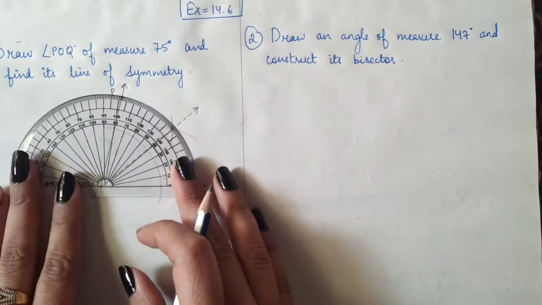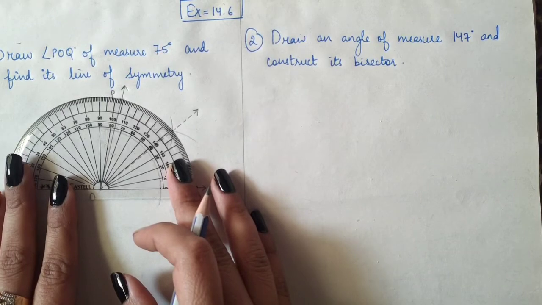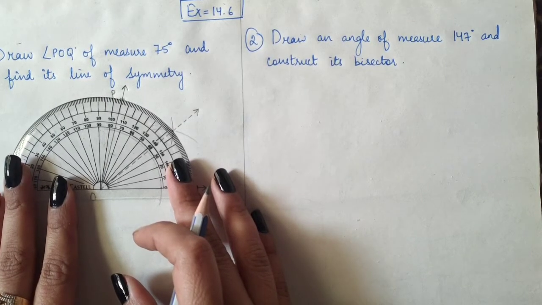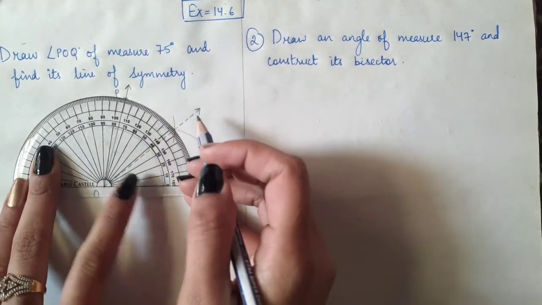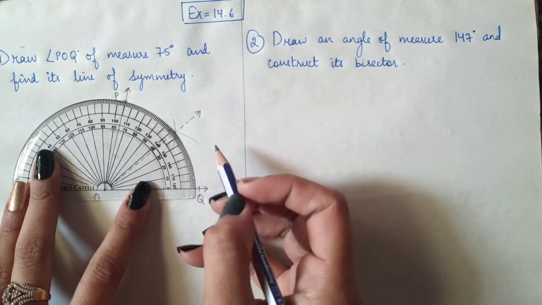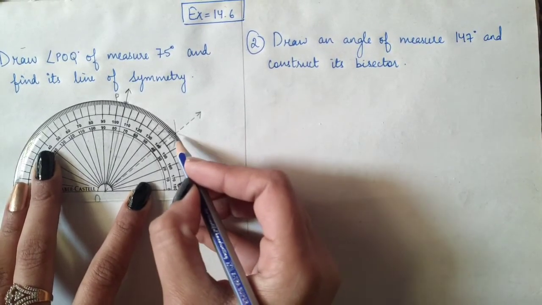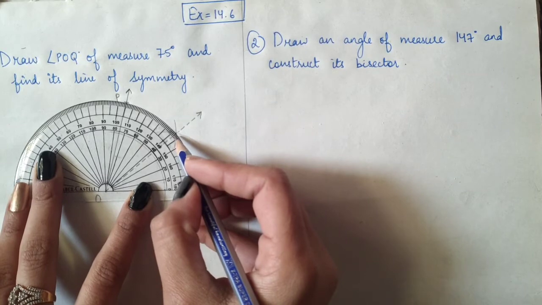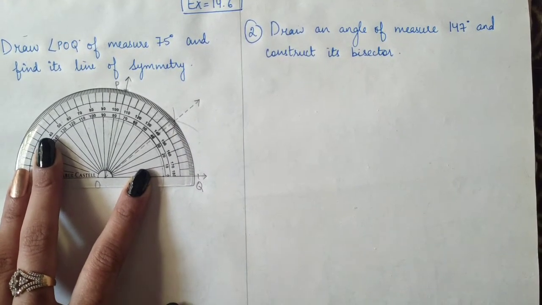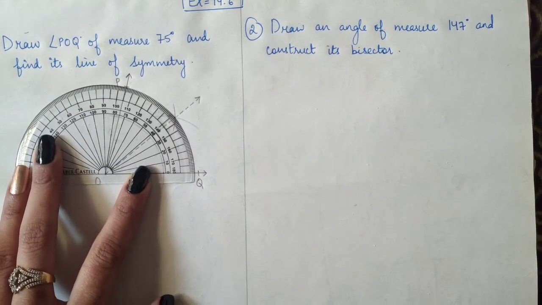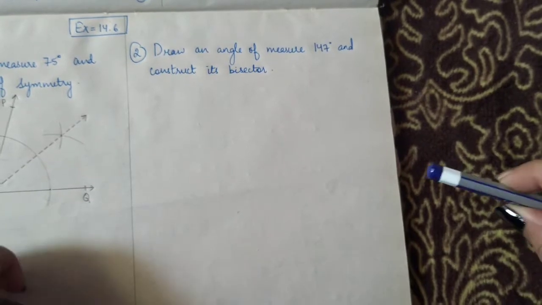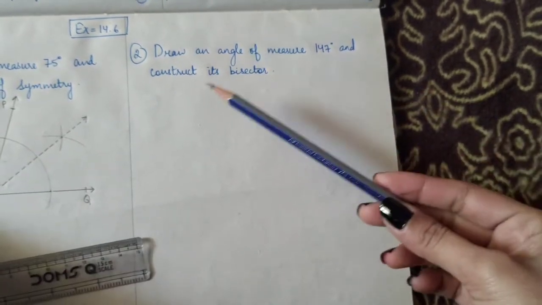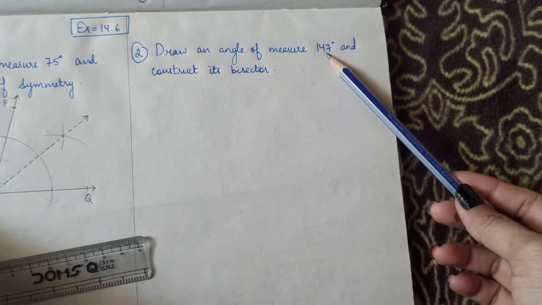You can measure this. We have got 75 here. This is 75. And yeah, so you have got 37.5. Okay, so that's great.